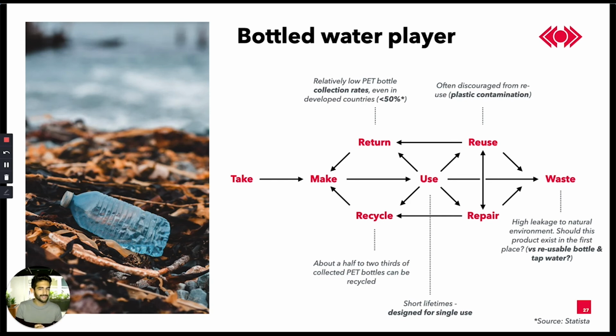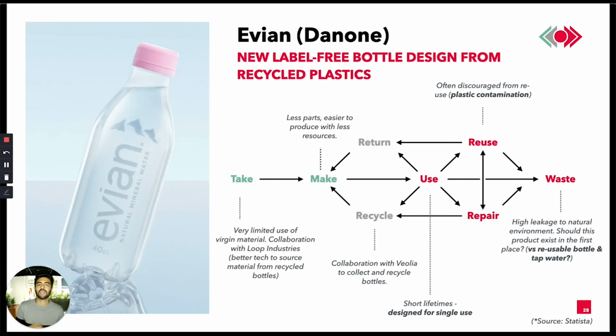If you take a step back, one might even ask, should this product even exist, given how many other reusable solutions there are out there, like Dopper? I will contrast that with what Evian and Danone, Evian being a brand of Danone, is doing to eliminate labels from its bottles and really minimize the use of virgin material by partnering with Loop Industries.